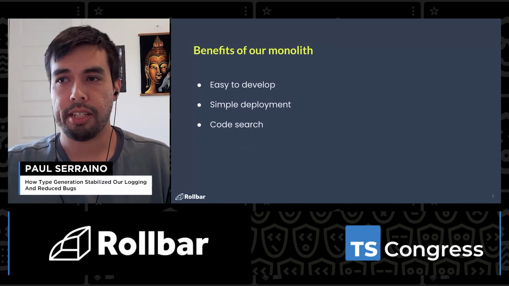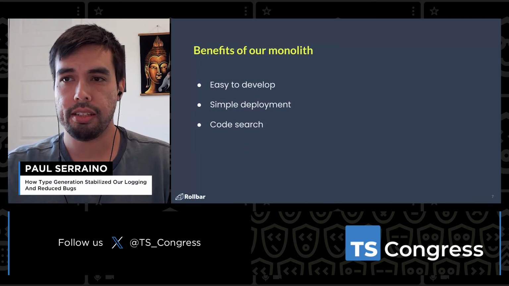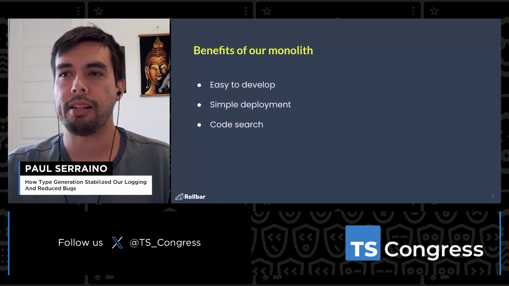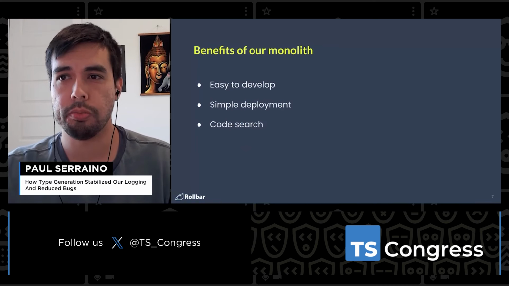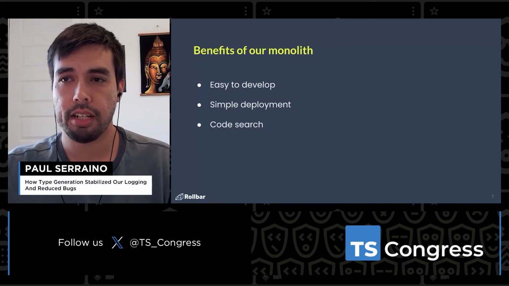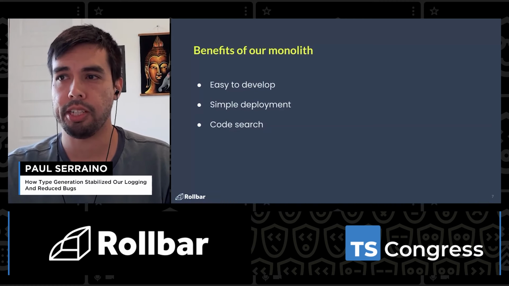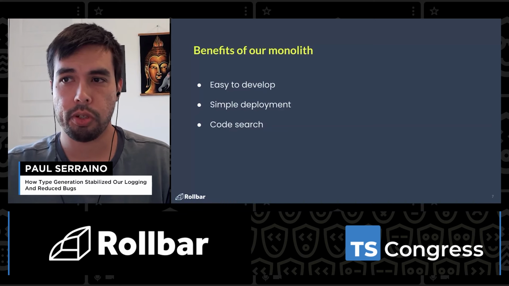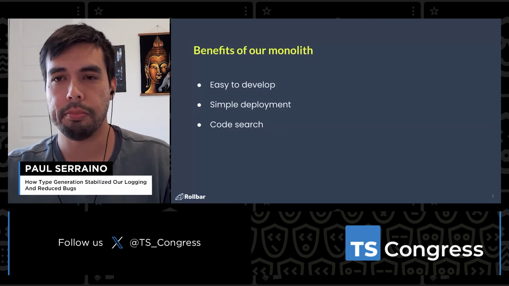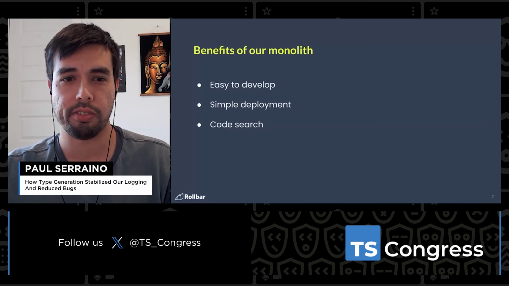Deploying a monolith application is sometimes easier because you can fit everything into a single Docker file. And code search is often a better experience in monolithic applications because a line of code that you'd like to search for is all in a single repository. So it's much easier to search for single lines of code.